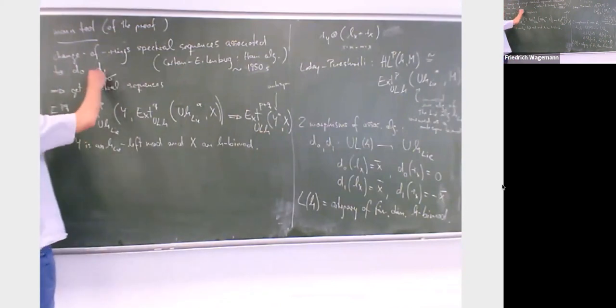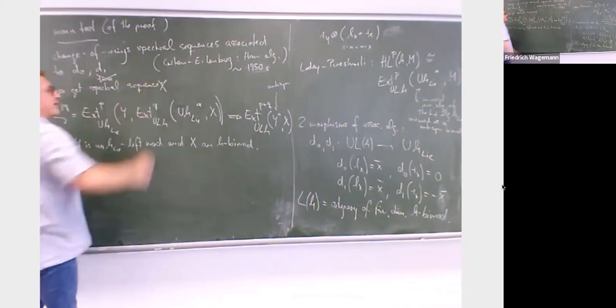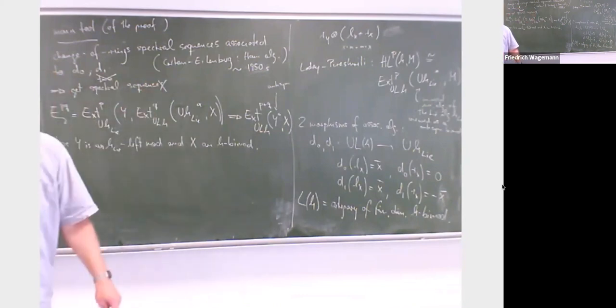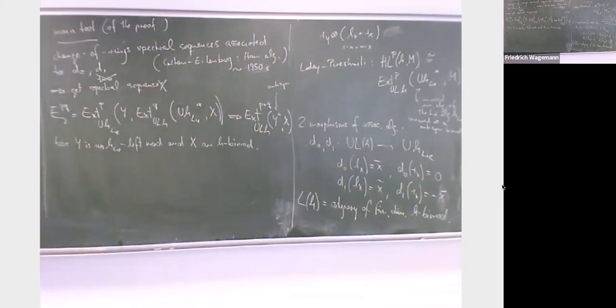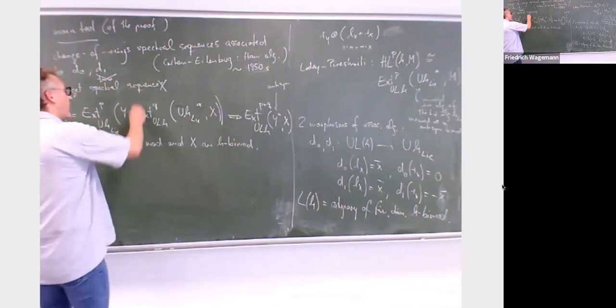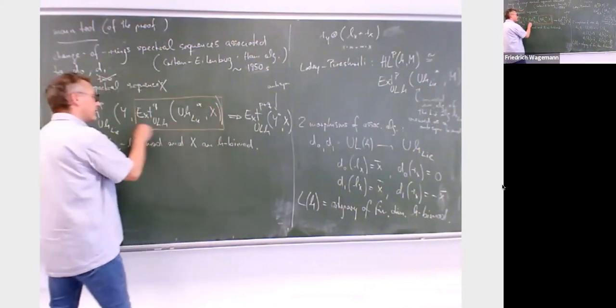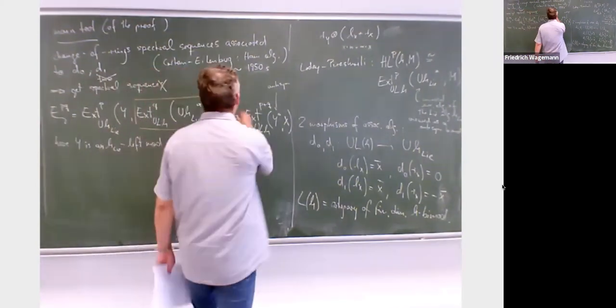Okay, let's have only one of the spectral sequences, in order not to make it too complicated. But what I want to say is now, look, this one is exactly that one.